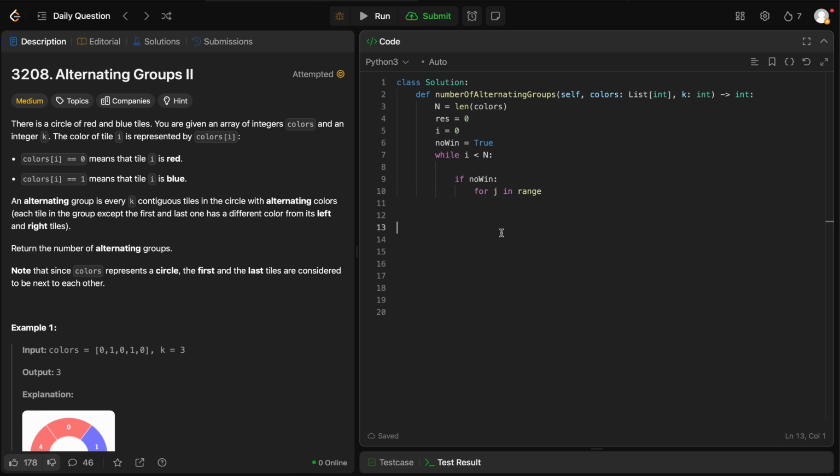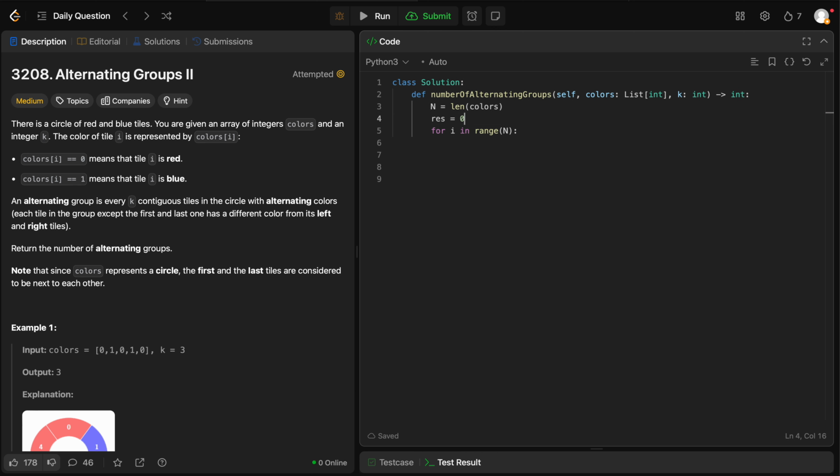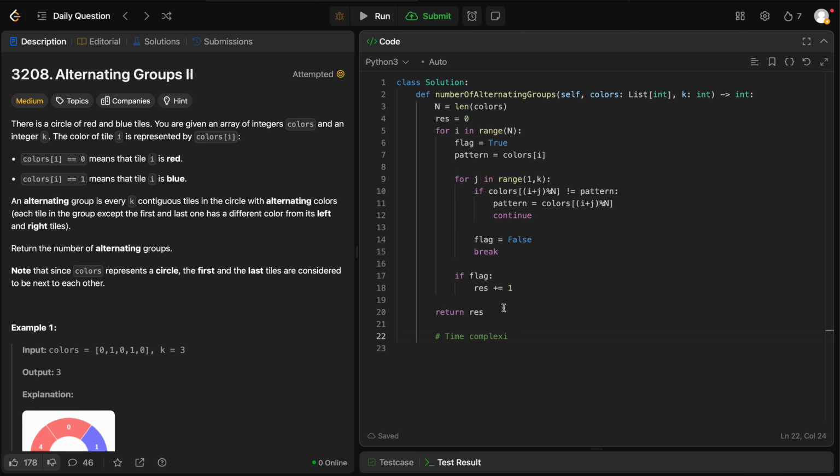Well, I essentially need to do the same thing, but when I find it, I need to just keep it. Let's get back to my code, I think I liked it that way. Okay, so what do I need to do?